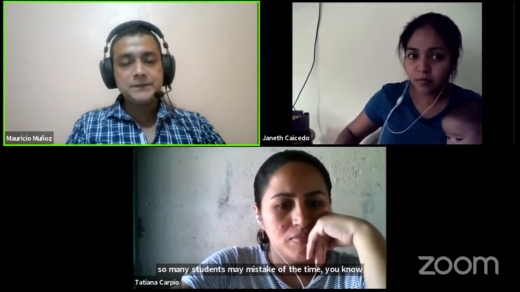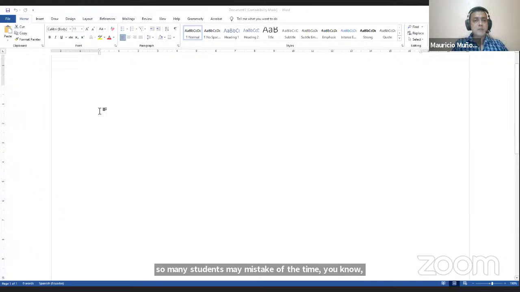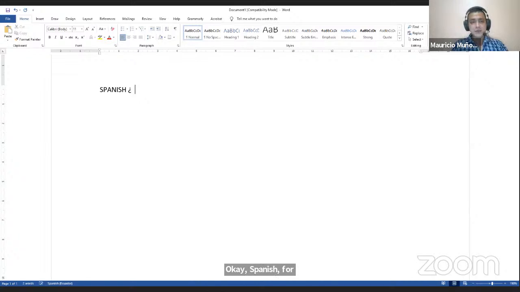Spanish and English sometimes are different in grammar. For questions in Spanish we use two different symbols, like this. In our language, we use two symbols, the question marks.